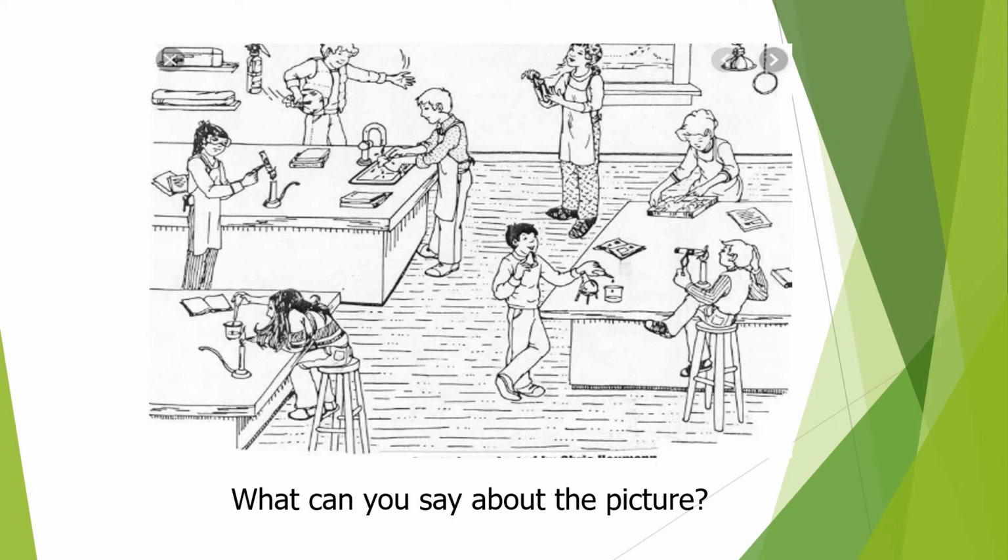One student here is doing horseplay. The other one is eating. The girl on the other side is sitting near a Bunsen burner, and her hair is not tied back.